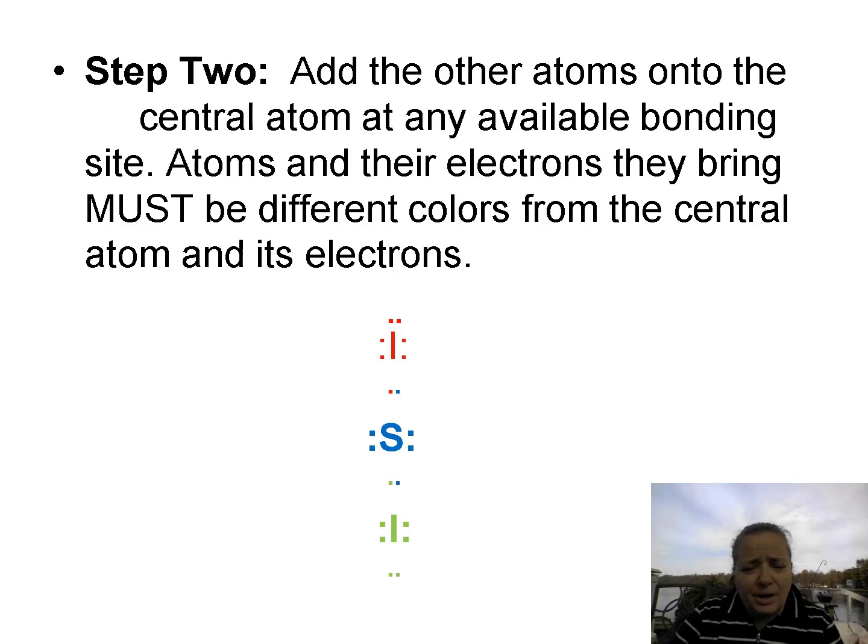Then I took an iodine, different color, and put that dot beside the sulfur dot that was alone, and that pair of electrons, the red and the blue dots, will get shared. I'll draw circles in just a minute so you can see the sharing. I do not normally draw the circles around them.